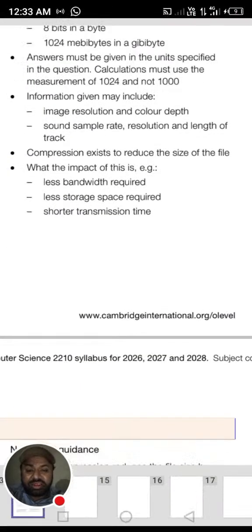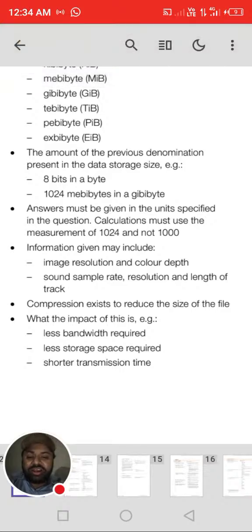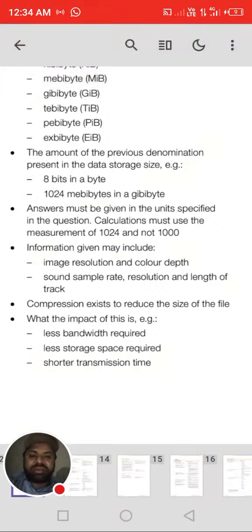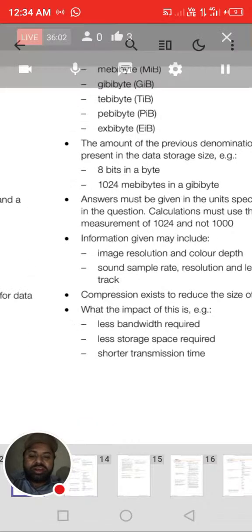If its size is larger, a lot of bandwidth is needed. Compression also means less storage space and shorter transmission time, because 10 gigabytes will take more time to transmit than 1 gigabyte. That's why compression comes into play to reduce the size. Hopefully you got it.